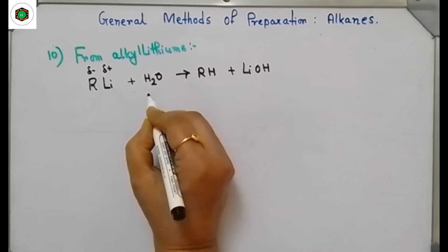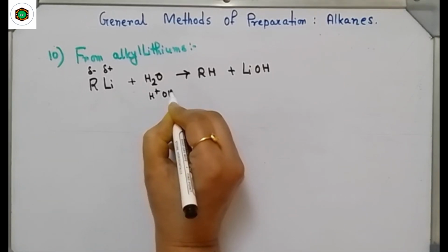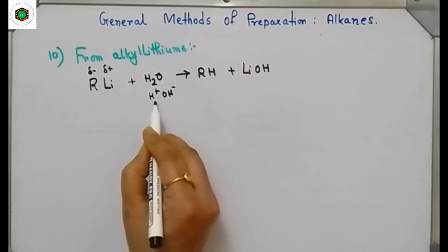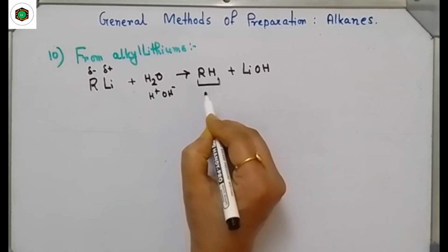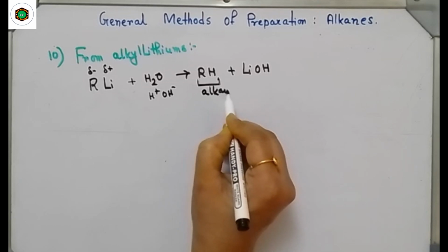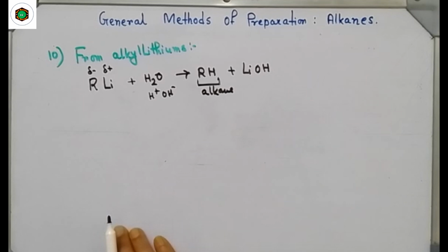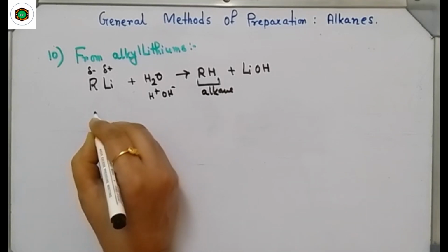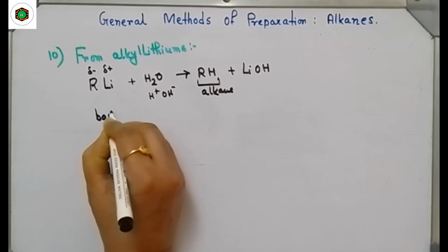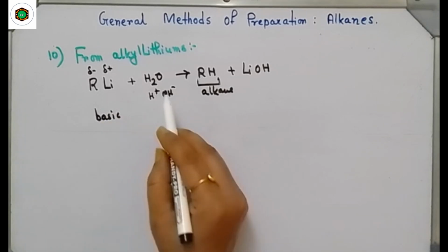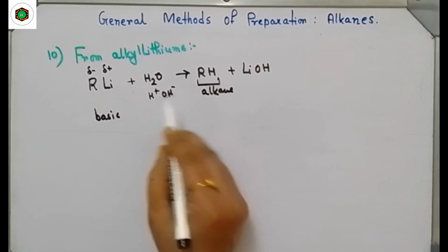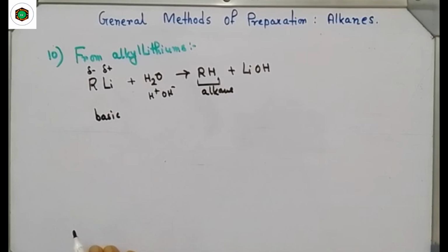And from here we know we can write H plus and OH minus. So these minus and plus will make the alkane, and these two will make lithium hydroxide. Alkyl lithiums are basic in nature, so these will react with acids to form this alkane.